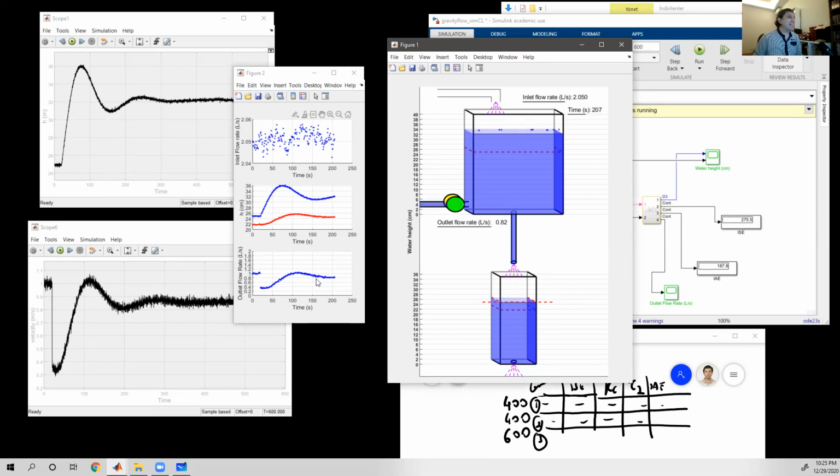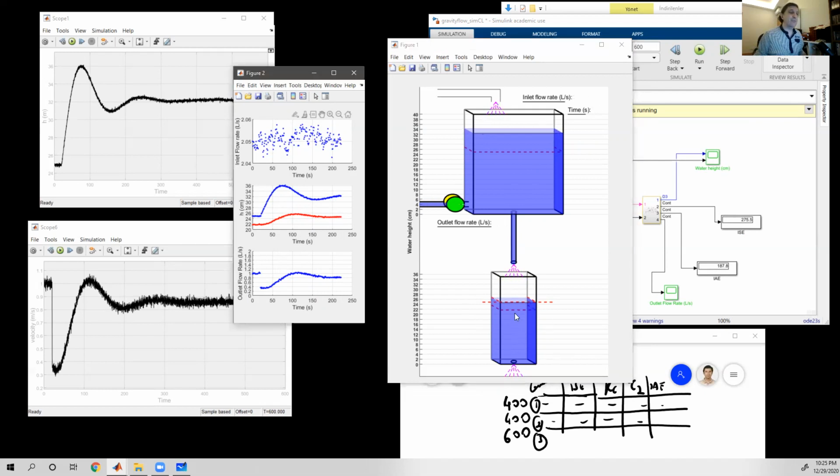So basically at steady state, and we are pretty much close to steady state, the outlet flow rate is going to be smaller compared to 1 liter per second, due to the reasoning I explained, because there should be more water here, so that there's going to be more water here. So with that outlet flow rate, which is about 0.81, 0.82, whatever, there's going to be a new stable state reached by the second tank, which has a higher water level compared to the first one.